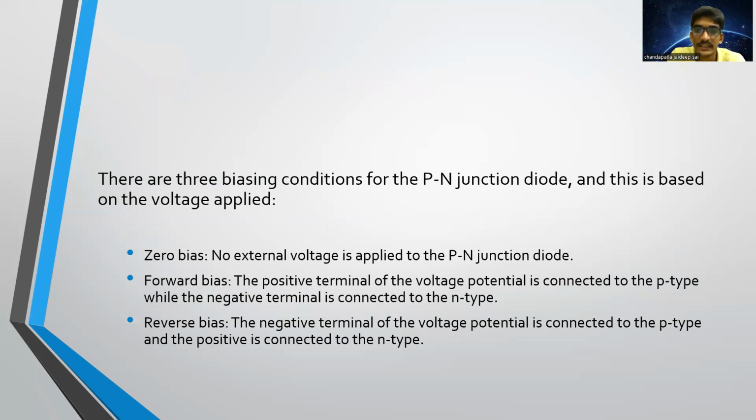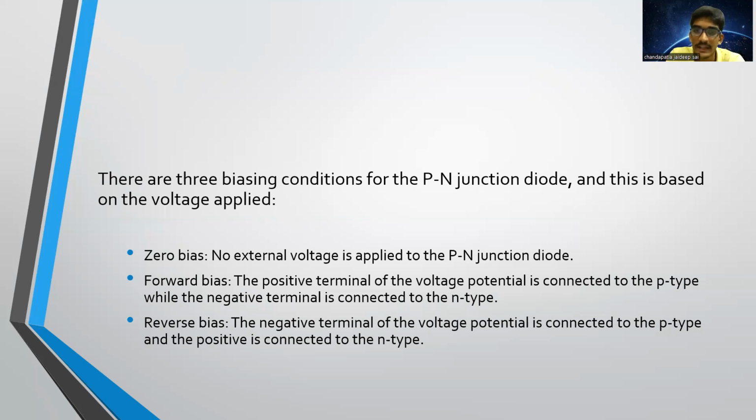There are three biasing conditions for the PN junction diode, and this is based on the voltage applied. First one is zero bias, which means no external voltage is applied to the PN junction diode.